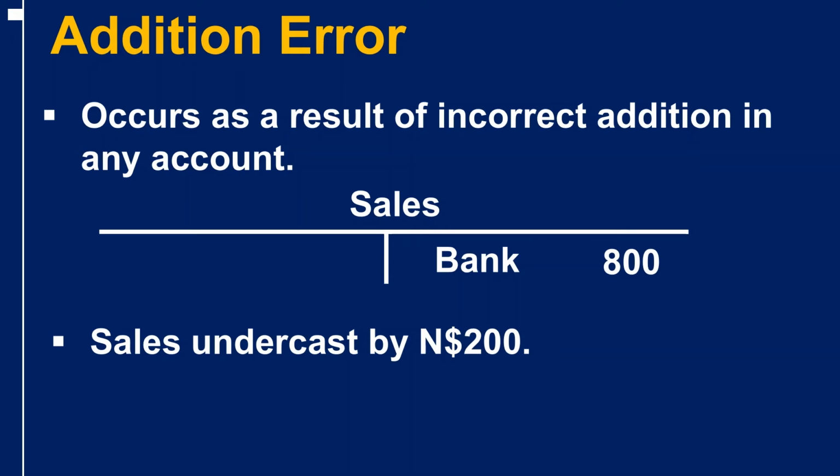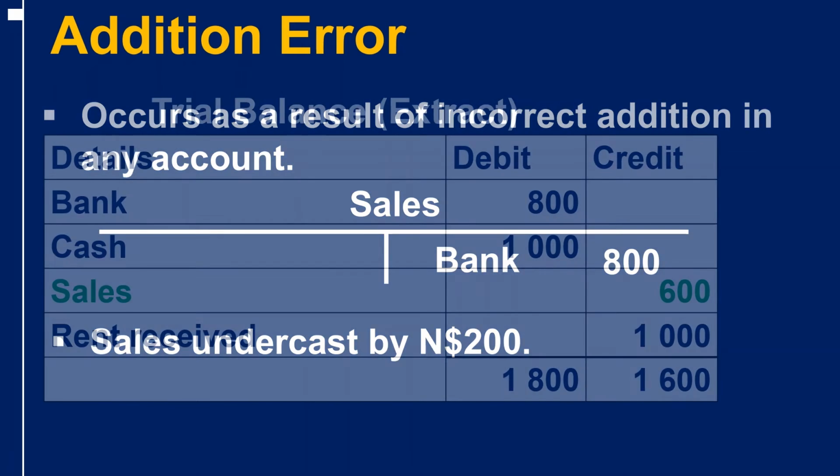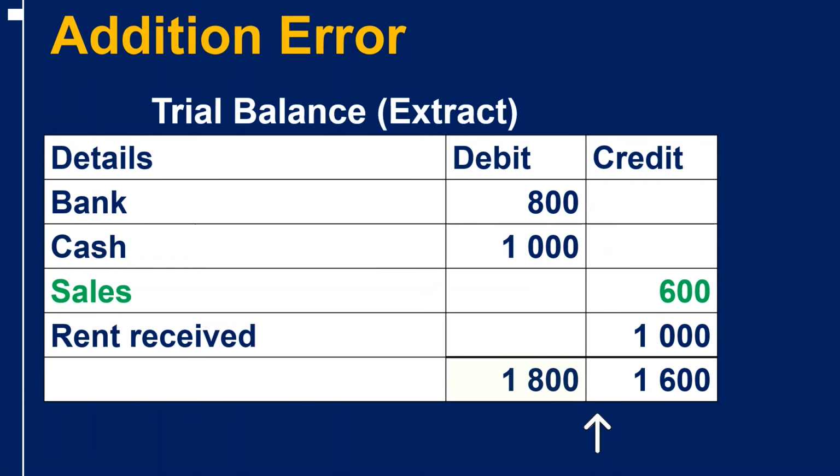It could be that sales of 800 Namibian dollars were entered as 600 Namibian dollars in the sales account. The trial balance will not agree because of this error. The credit side will be less than the debit side by 200 Namibian dollars.